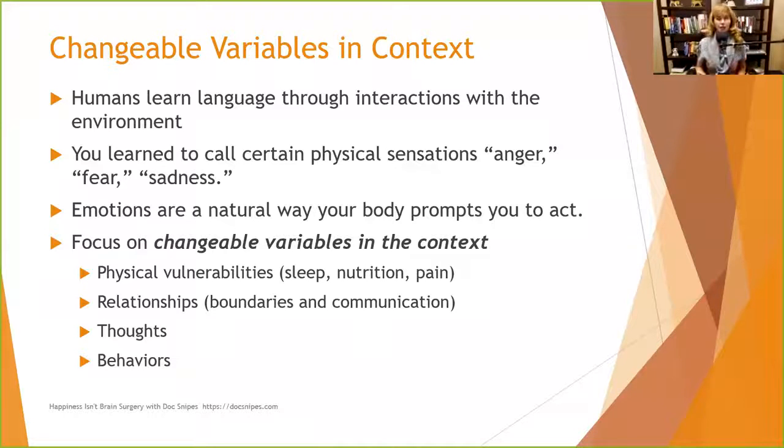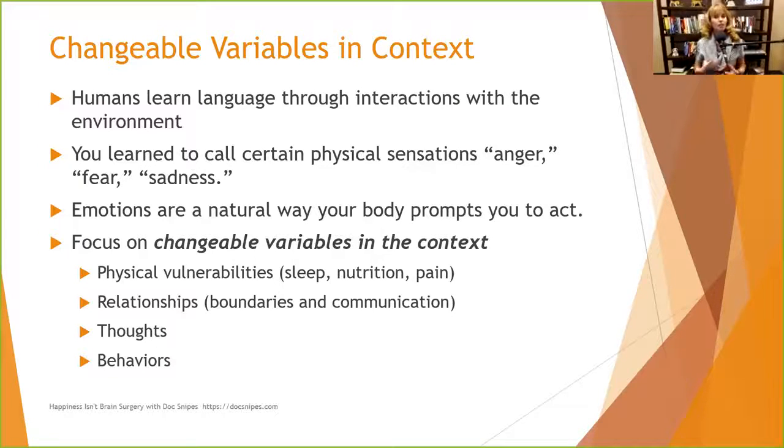And what does that mean? Well, changeable variables, let's start there because that's the easiest part. Physical vulnerabilities. You can prevent yourself from being as vulnerable to anxiety and distress by making sure that you're taking care of yourself physically.